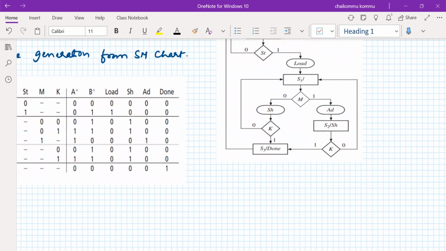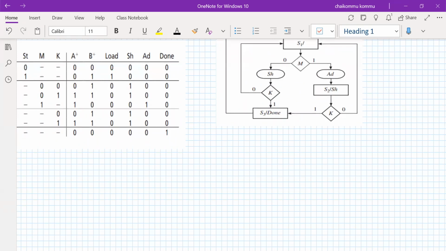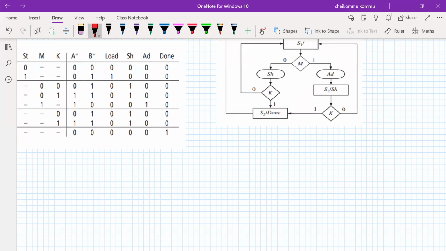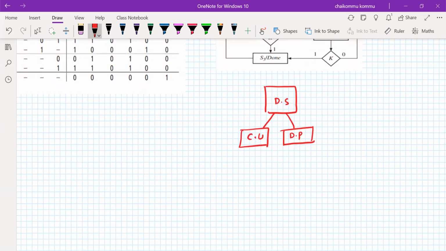As we have seen in the previous class, any digital system is comprised of one control unit and a second one, the data path unit. Generally the control unit we have to represent in the form of SM charts.